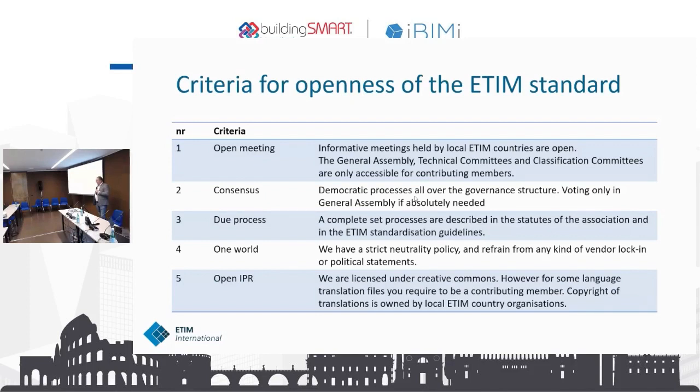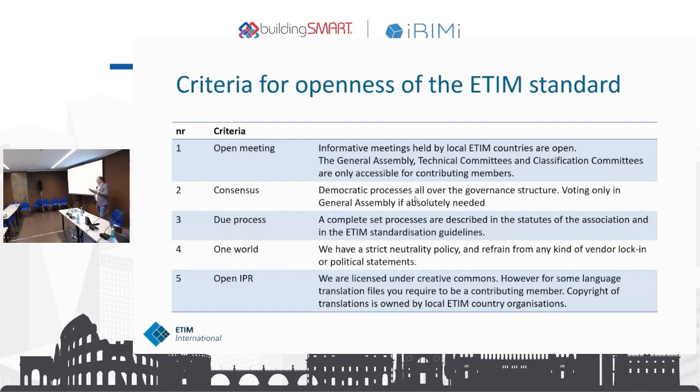And we're only voting on strategic stuff in the General Assembly if it's absolutely needed, but we try to avoid it at all times. Consensus also means that if somebody processes a change request on a specific class for an extra feature and you disagree, you can post a protest or an addition online.